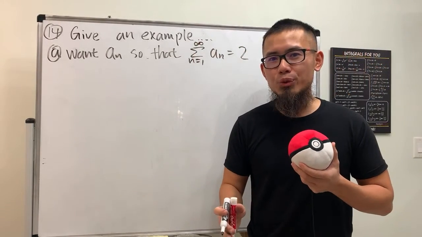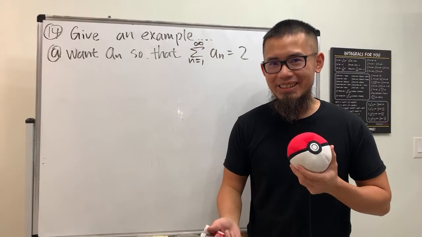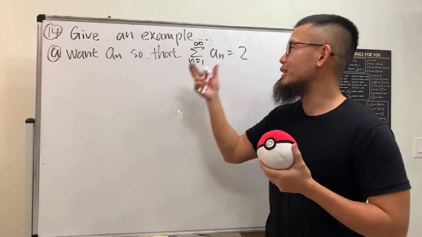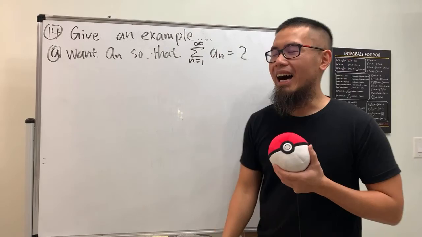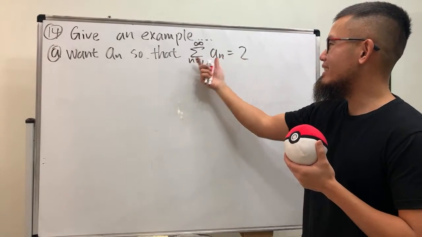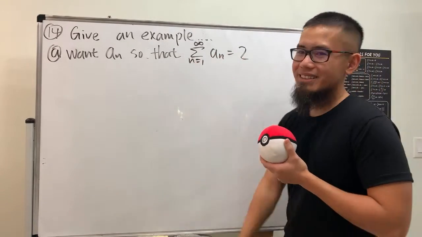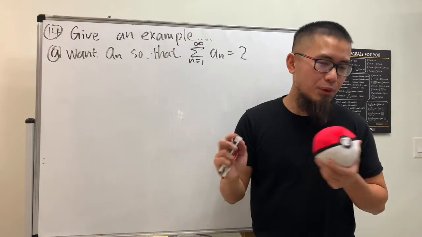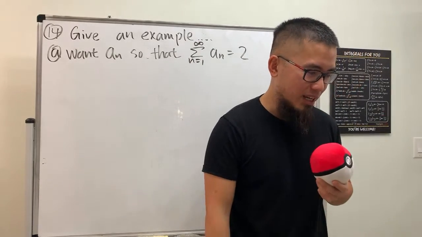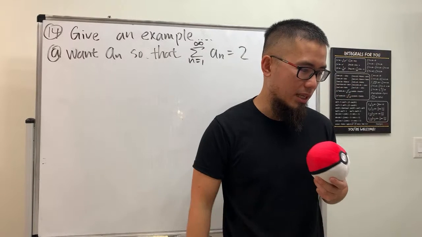I'm not asking you guys for the answer. I'm asking you guys for the question, right? I know the answer to this series is equal to 2, but what's the question? So I will pause for a little bit and take a look at the chat to see what you guys can come up with.